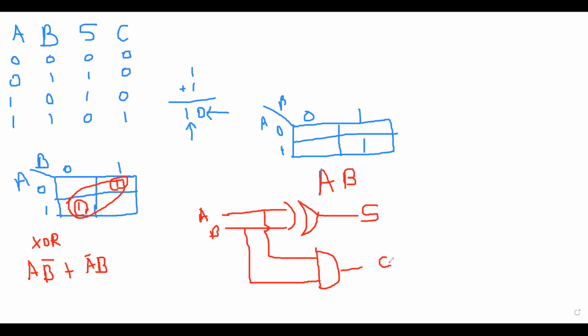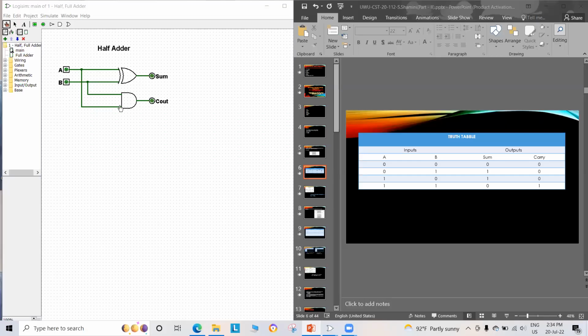Now we can check the input and output in Logisim software by using the truth table. Here we have 0 for both A and B, so we didn't get a 1 for sum and carry out.